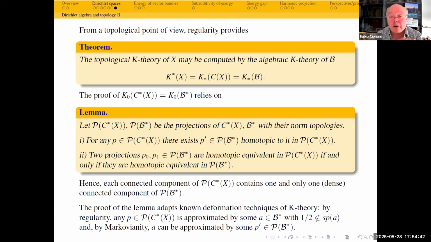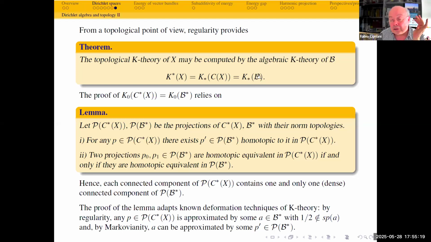And in a previous work, we proved that essentially by the fact that the spectral radius of the Dirichlet algebra coincides with the uniform norm in the space of continuous functions, from this comes the fact that one can compute the K-theory of the space as the algebraic K-theory of the Dirichlet algebra.